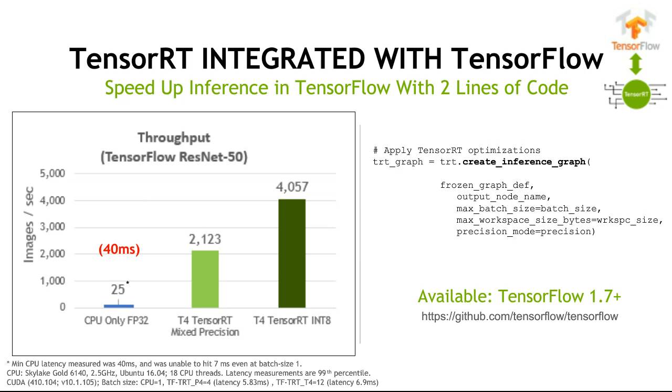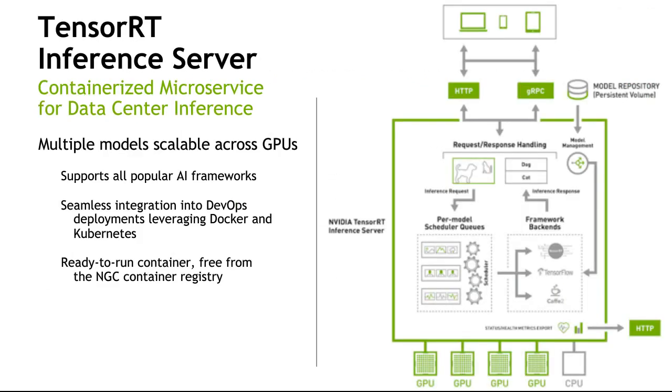Then TensorRT Inference Server, or some of us call it TARDIS, is a containerized microservice for data center inference. It's really for scale deployments. It's built on Kubernetes. You can add and remove resources dynamically depending on your workload. So really valuable at scale, especially in the cloud.